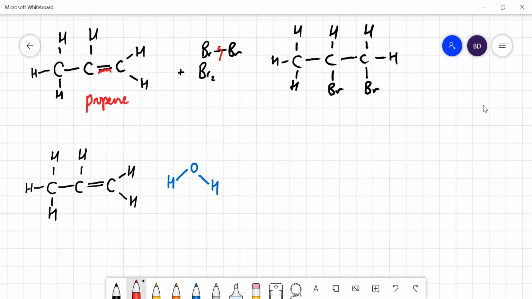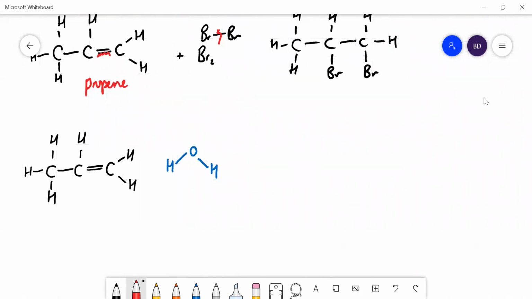Okay, now we're going to split up propene, right? And so we're going to break the double bond. Now you can see that that carbon there is not the same as that carbon there, whereas in ethene, both of those carbons are exactly the same. But here it's different. So let's see what could happen. There's two things that could happen.